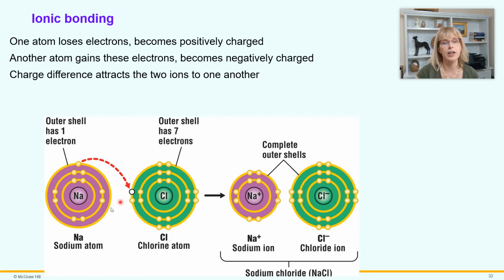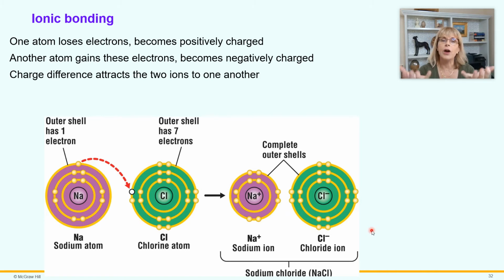But what has changed? When sodium gave away one of its electrons, it now became positively charged. It became a sodium ion. Why? Because sodium has 11 protons, so it needs 11 electrons, and right now it only has 10, right? Chloride is a negatively charged ion because it has 1 extra electron.